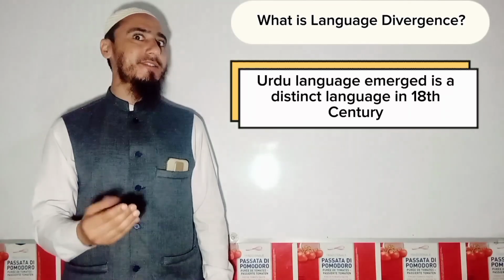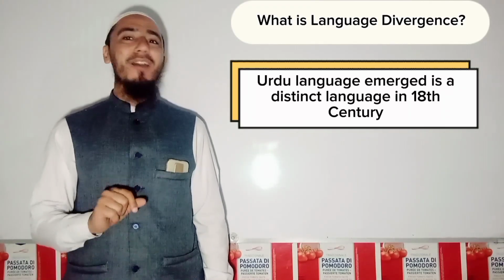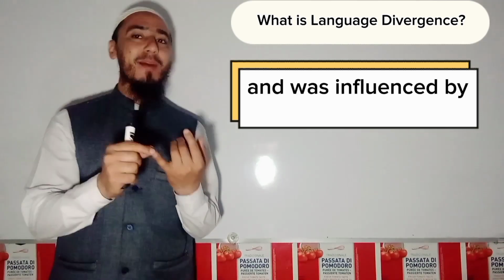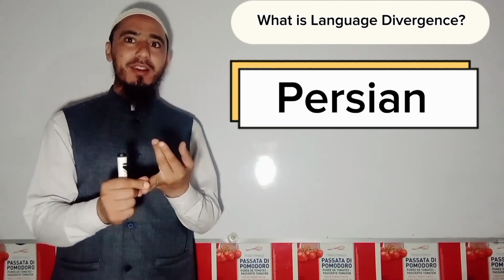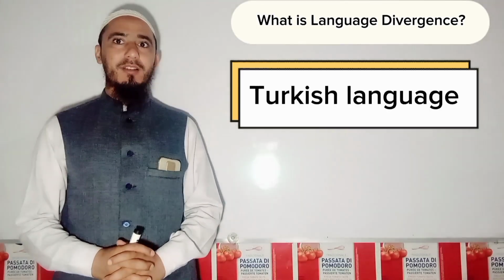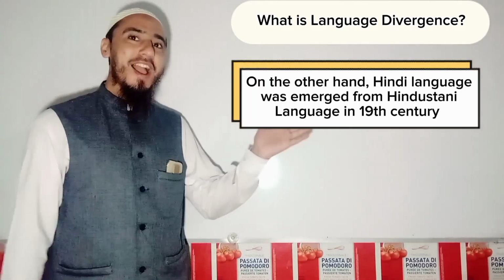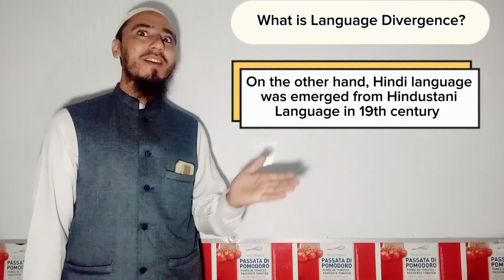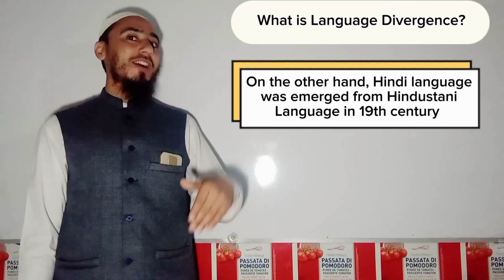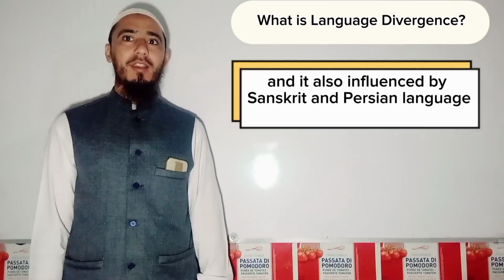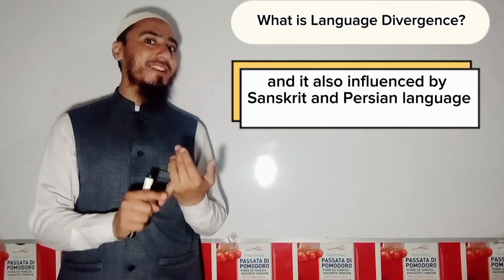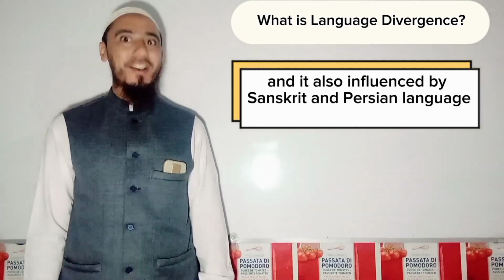Urdu emerged as a distinct language in the 18th century and was influenced by Arabic, Persian, and Turkish. On the other hand, Hindi emerged from Hindustani in the 19th century, and it was also influenced by Sanskrit and Persian.